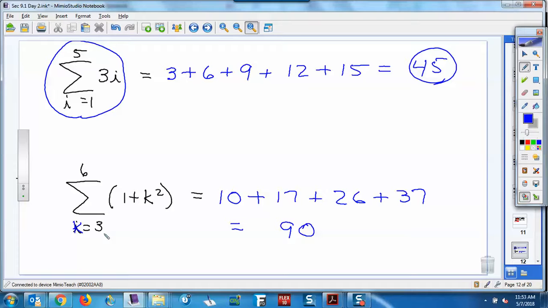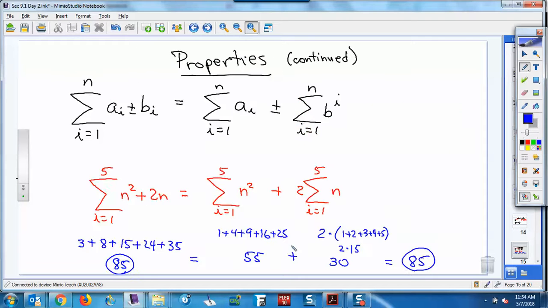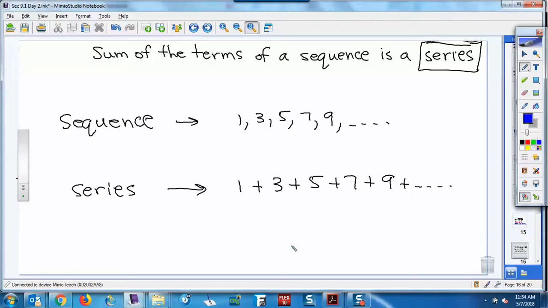This 6 does not mean to do it 6 times. This means that's your last K value. Now, I suppose we could put K equals 6 up here, but it's just understood that's what it is. So K's a 3, then a 4, then a 5, then a 6, and you stop. So there'd just be 4 terms. I think that I added that up right, didn't I? Okay, so note it. We'll do that when we get back.